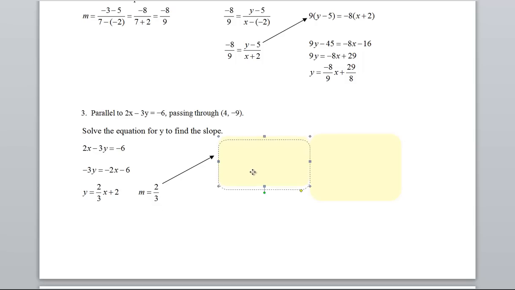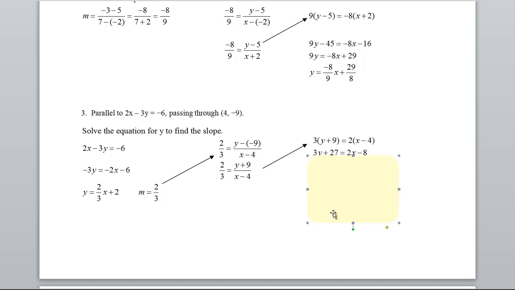There's my point. So let's go put it in the appropriate position. This time I've got to make y plus 9. And do your cross multiplication, 3 times this y plus 9. I always do it that way because it automatically gets y on your left hand side.